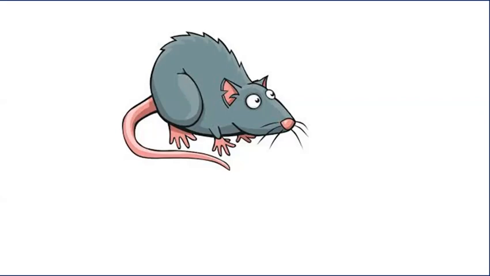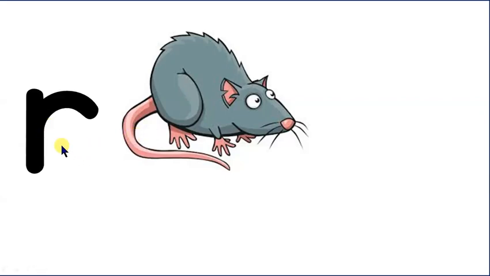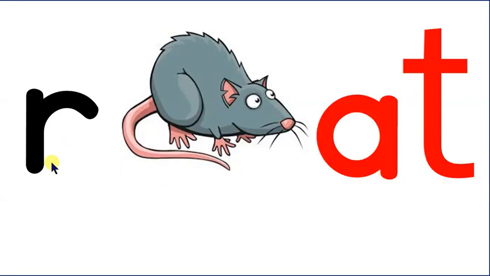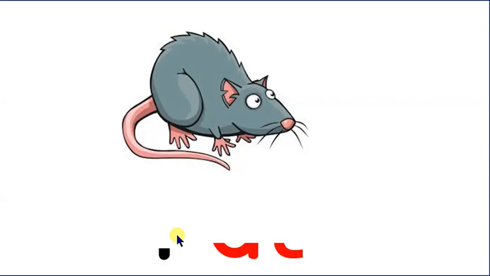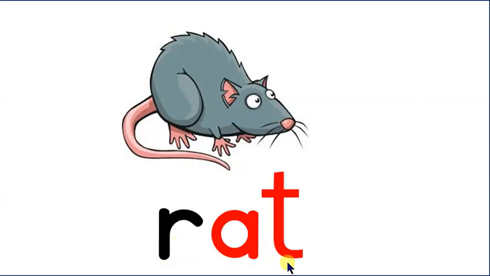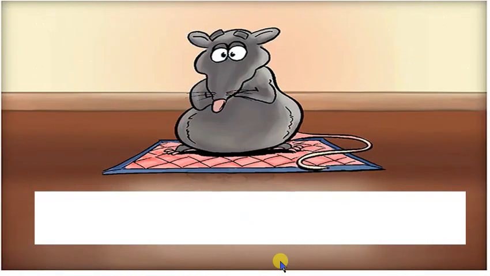What is this? This is a rat. R, r, at, rat. Read after me. Rat, rat. A fat rat sat on a mat. Look at this fat rat sat on a mat.